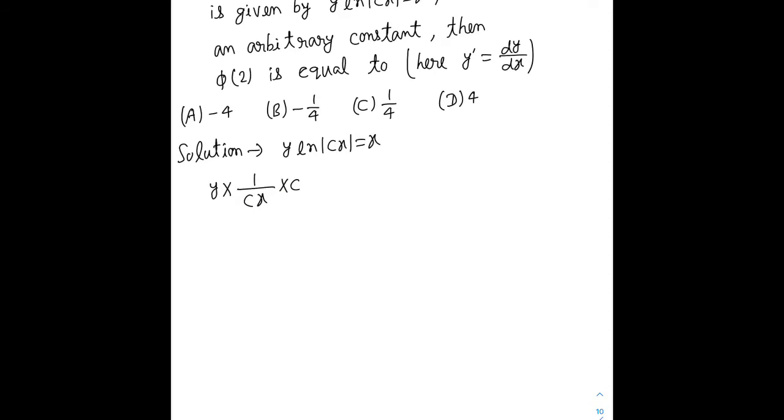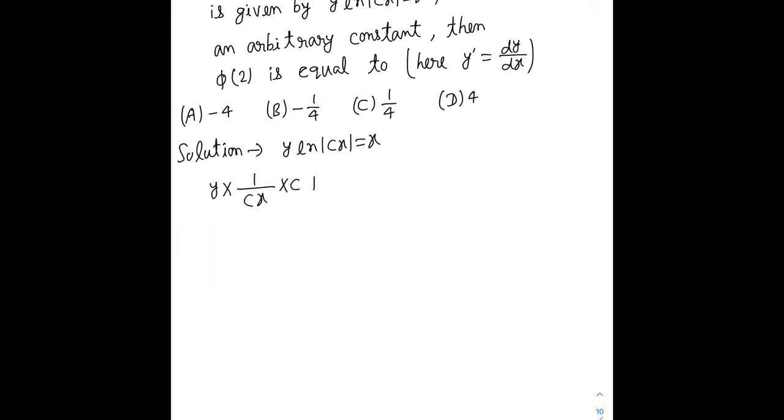Another method could be: log mod cx is like the product of mod c and mod x, so it can be written as log mod c plus log mod x. Now log mod c is nothing but a constant, so differentiation would be 0. Then log mod x, differentiation would be 1 by x. And here also at the end you are getting 1 by x as the differentiation. So you can apply this also.